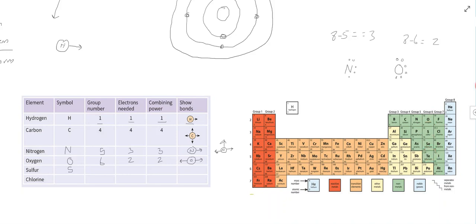It needs the same number of electrons as oxygen. Oxygen is also group 6, so it's 2. If it needs 2 electrons, it has a combining power of 2, and then you would just write the sulfur like this. So that's sulfur, and that's its combining power.